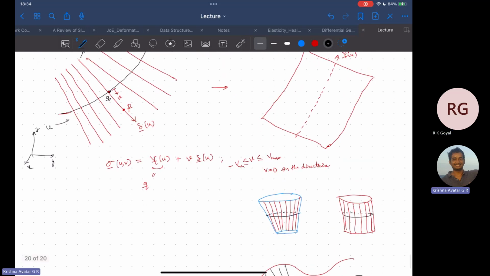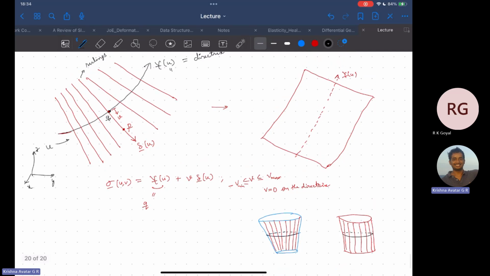The thing is, v is always transverse to the directrix. So the directrix is always a curve. It's as if the backbone of any ruled surface is this curve. This curve is directing how the surface is.